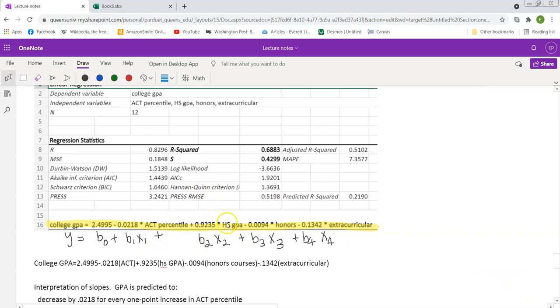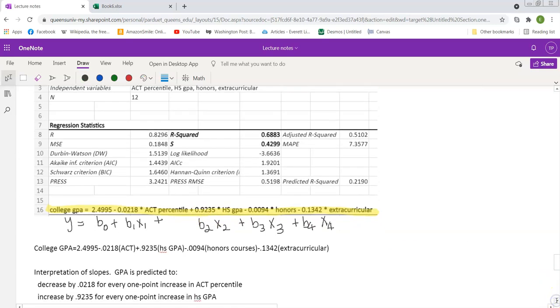For our high school GPA, this tells us that every time high school GPA increases by 1 point, we would expect college GPA to increase by 0.9235 points. So this tells us there's almost a 1-to-1 relationship here where high school GPA predicts college GPA. So that's a very good predictor.